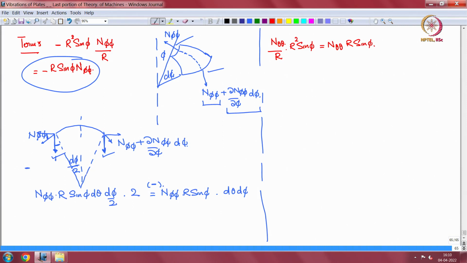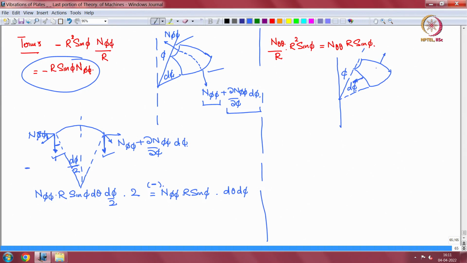Okay. So if I look at this, my axis of revolution, the element phi d phi, and n theta theta. So I have n theta theta coming here, n theta theta coming there.